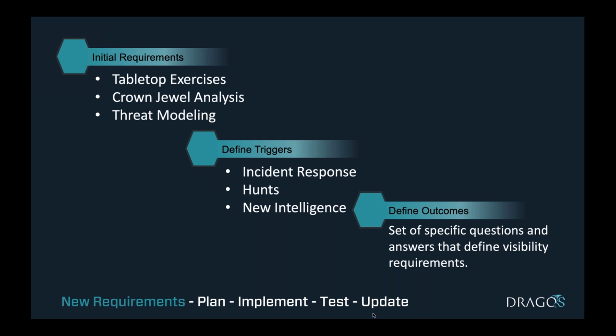So when you get back to the cycle and you're now into the spot, the next trigger is you've already defined a core set of requirements, but you should have new requirements coming in over time.